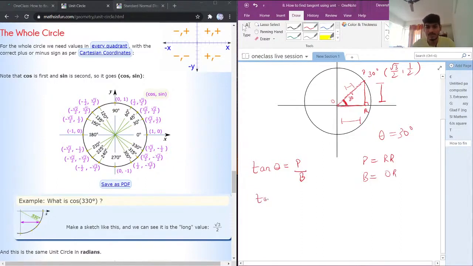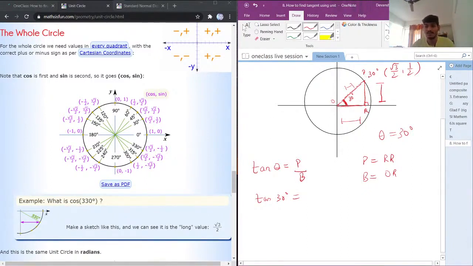Now tangent of 30 degree is not actually x by y. For a unit circle we can write it as y by x, but it is basically the length of PR over the length of OR.